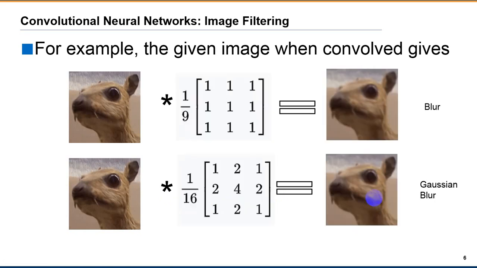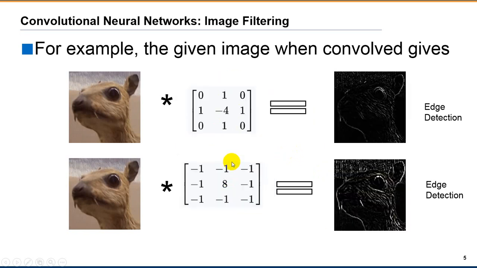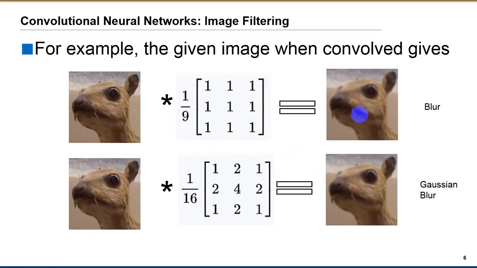Similarly, we have the same input image, and we are just tuning the filter, and we are obtaining drastically different results. So we have learned this filter, or these filters, to give us specific edges or some specific outputs.